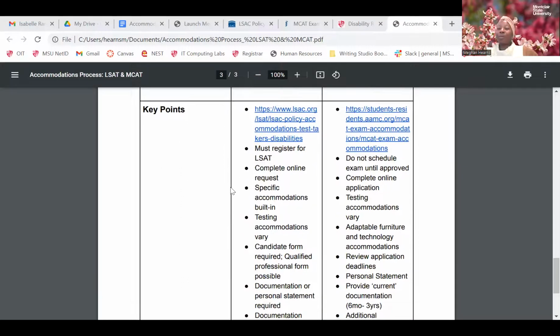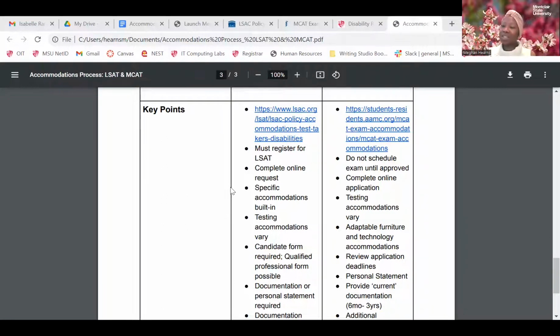You may also need to provide other standardized test scores. So if you did take the LSAT, or if you did take the pre-LSAT, you can also provide that. There will be some additional statements or summaries, written expression that you will need to provide supporting your request for accommodations for the LSAT itself, but that is also possible.